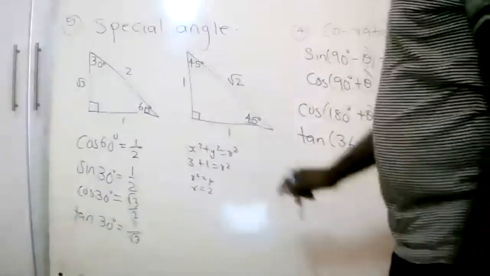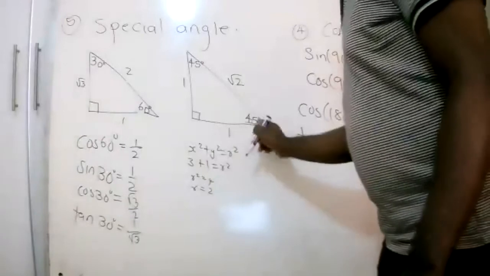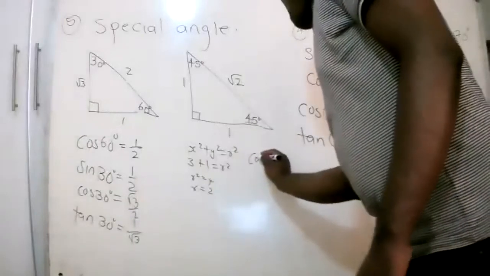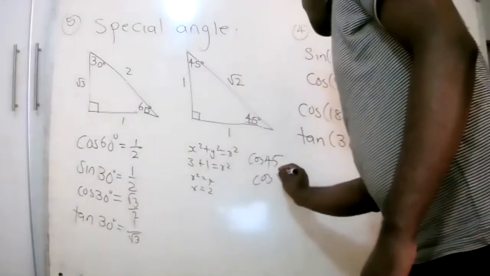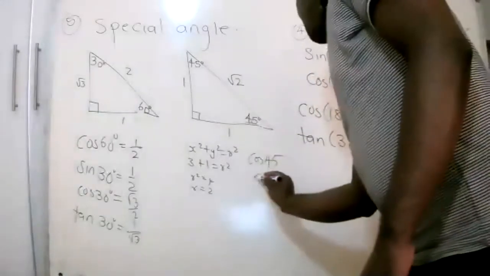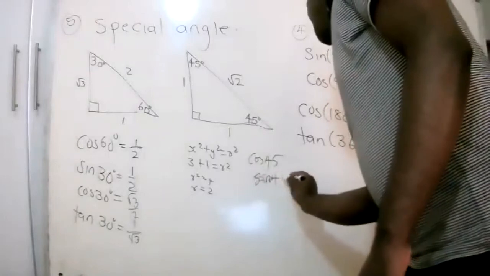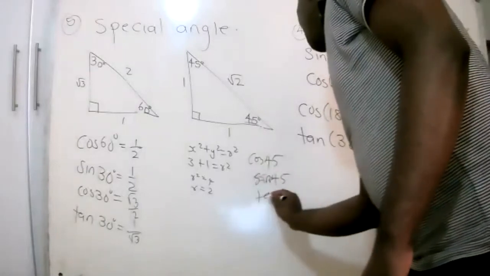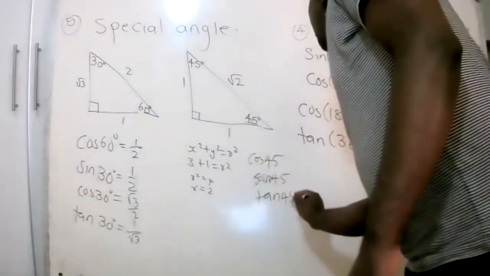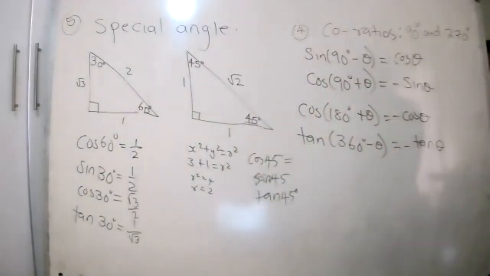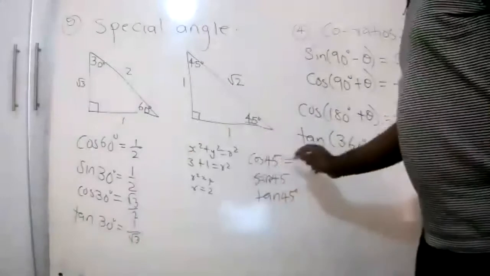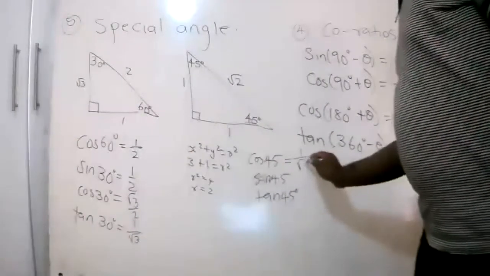This is good. We can do the same on this one, but here we are having 45 degrees. So let's do cos 45, sine 45 and tan 45. Cos 45 is equal to what? 1 over root of 2.